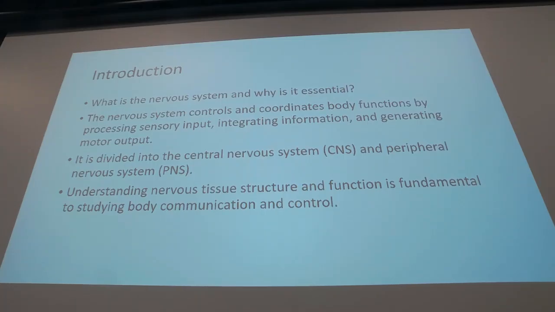And everything that is outside the brain and the spinal cord will be peripheral nervous system, or PNS. So CNS is protected by the bones of the skull and also the vertebrae. And in a way, both are connected, CNS and PNS, of course, through these nerves that come in and out of the spinal cord and the brain.